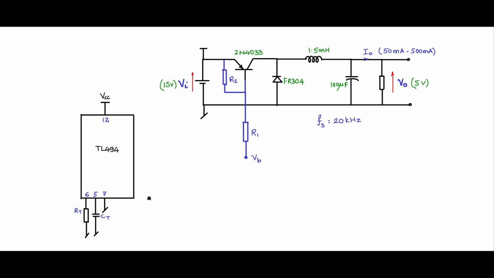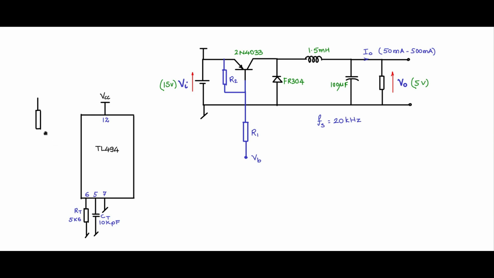If you want 20 kilohertz, one typical component value for resistance is 5.6 kilo ohms, and CT is 10 kpf. There are various other possibilities you can use. From the data sheet, you can look at the nomograph and pick up the values of RT and CT.